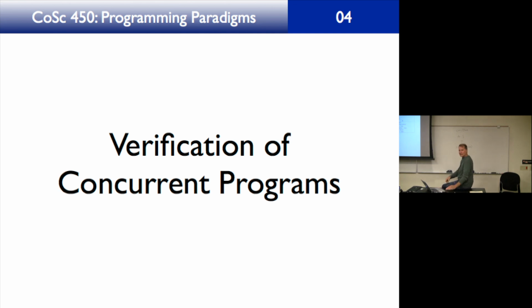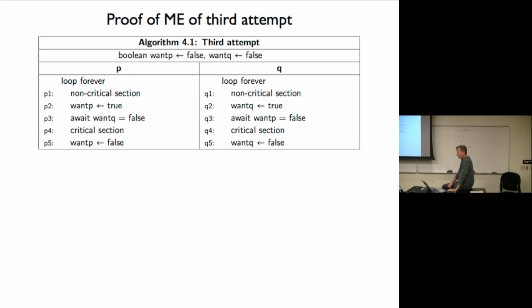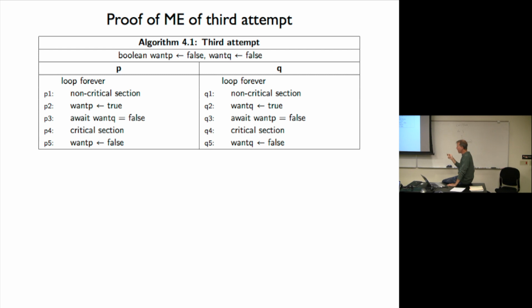Okay, so here we go. Our first use of this logic in this chapter is to see how to prove certain characteristics of concurrent programs. The first one we're going to look at is a proof of mutual exclusion of our third attempt. Do you remember how those attempts went?